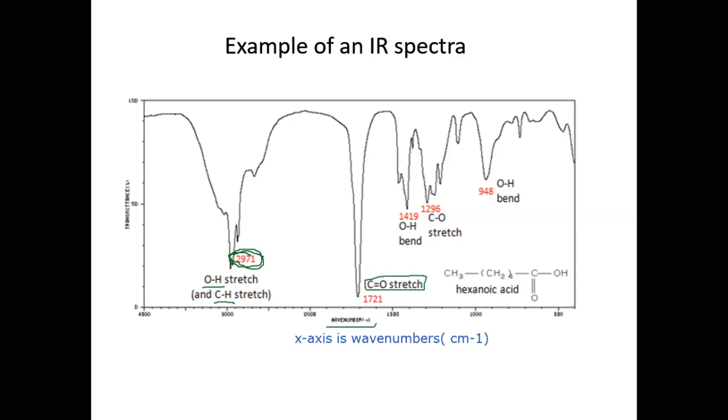And again, this compound is hexanoic acid. So here's the CO group. Here's the CH group. Then we have the OH bending and CO bending at 1419, 1296. And then another type of OH bending as well.